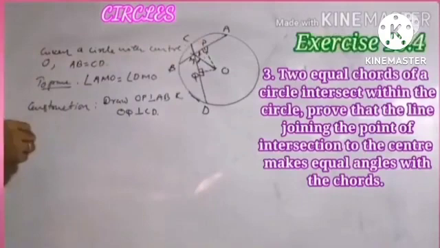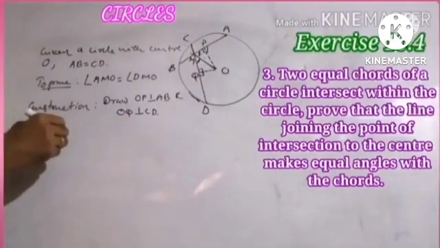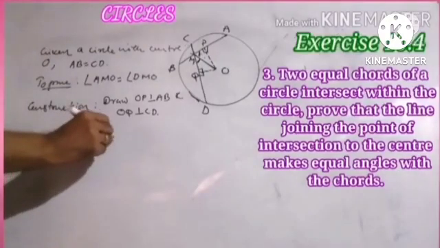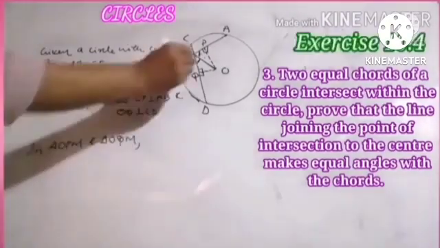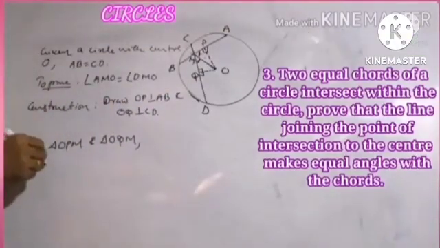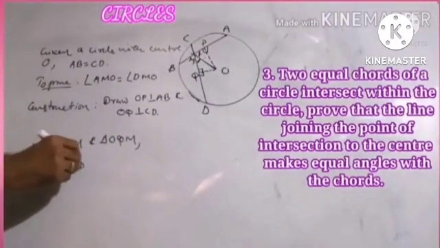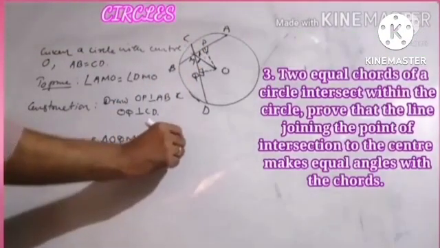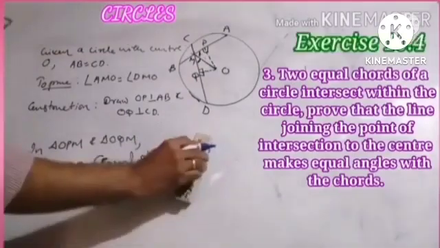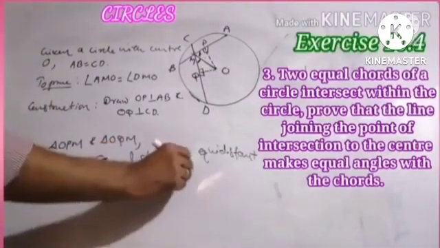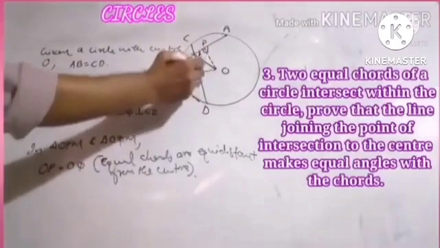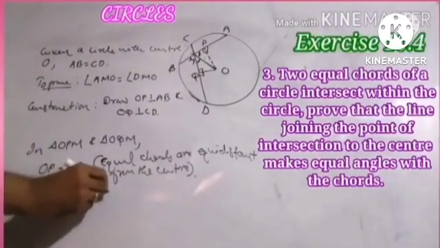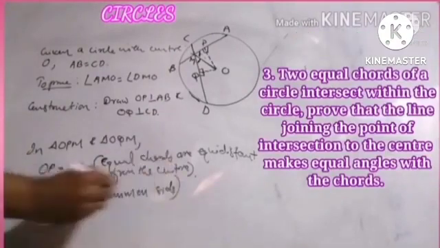Now we have two triangles, triangle OPM and triangle OQM. OP equals OQ, because equal chords are equidistant from the center. Second, OM equals OM, common side.